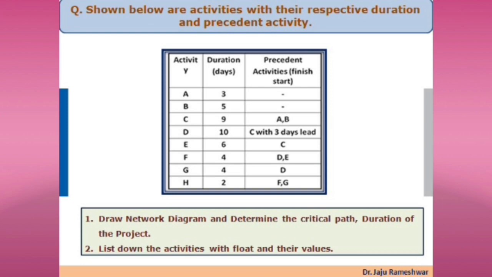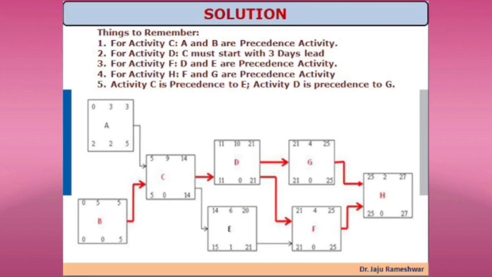Activity D has C with 3 days lead. For activity F, both D and E must be completed previously. For G, D is the predecessor activity, and for H, F and G both act as precedence activities.